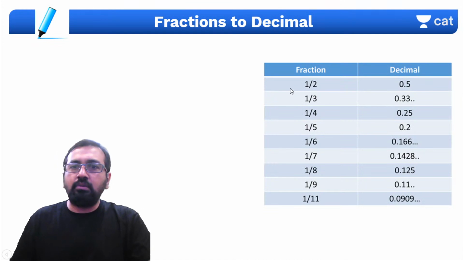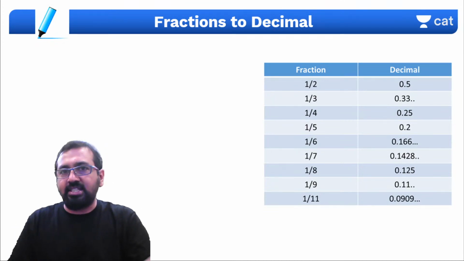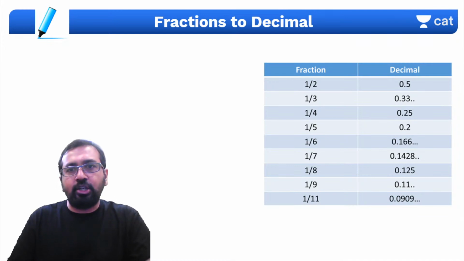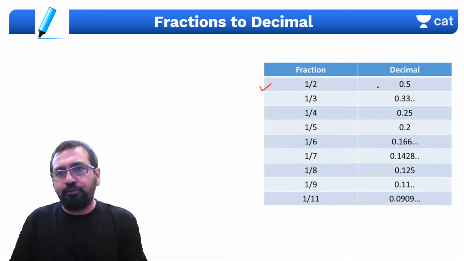So I'll show you a shortcut to convert a fraction to a decimal quickly, and I'll suggest that you please note down these fractions and their equivalent decimals. So for example, 1 by 2, I'm sure all of you are aware, it's 0.5. 1 by 3, it's 0.33.